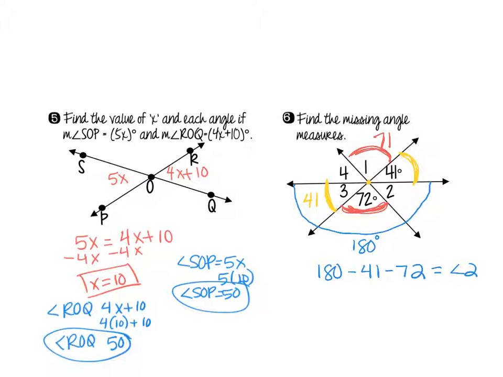Because what I'm doing is I'm taking those angles that all equal 180, taking away the ones we've already used, and that will give me what's left over, and what's left over is going to be this angle 2 right here. So angle 2 is going to be 67. And then I know that angle 2 and angle 4 are vertical, so angle 4 also has to equal 67.